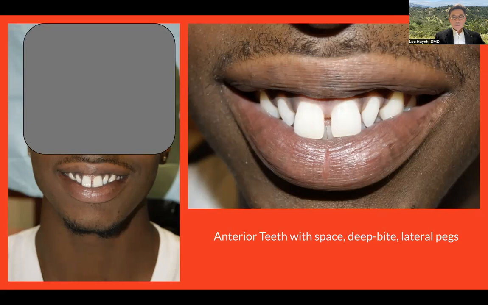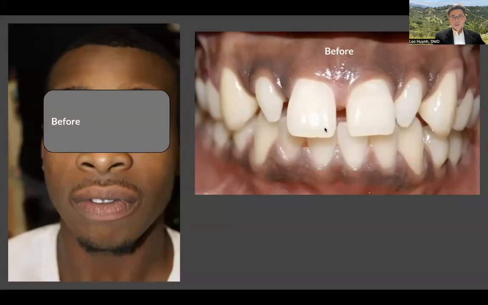However, if you have some clinical skill with braces and orthodontic training, you can help the patient, because you can see just from his smiling that he has a deep bite problem. So I'm going to show you how his case looks. Okay, peg lateral. You see the deep bite. He didn't even bite all the way down, and there's space and all of that.